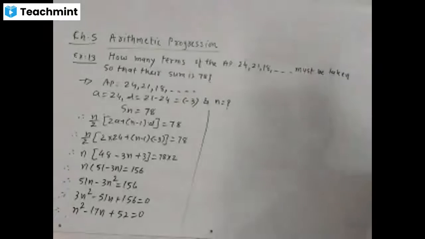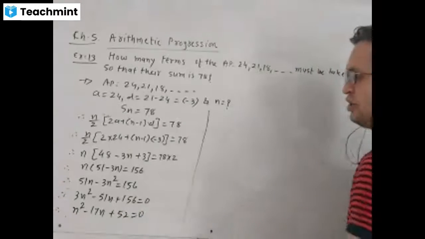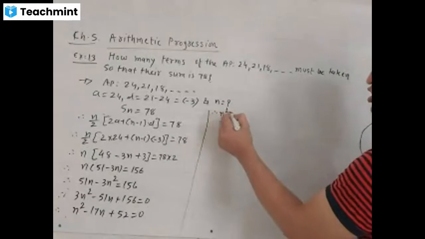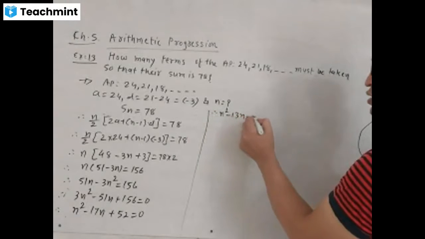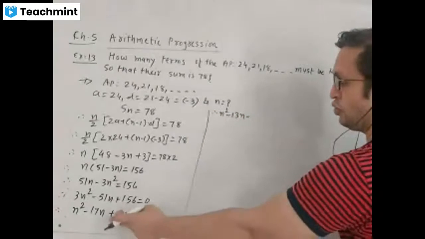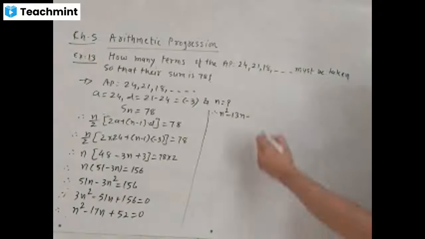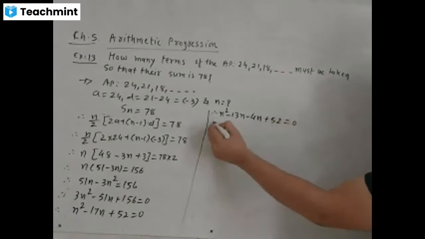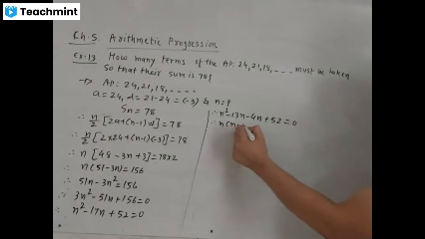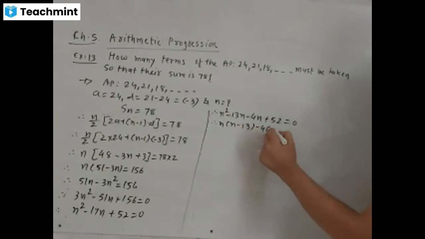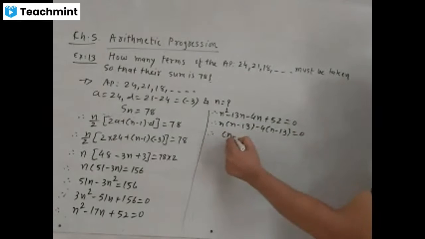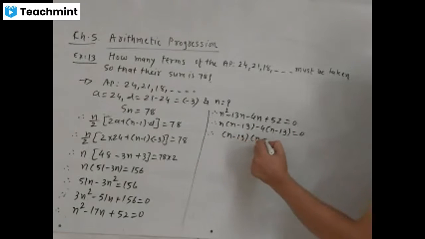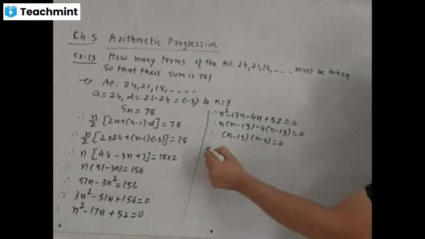Splitting the middle term: factors of 52 whose sum is 17. 13 fours are 52 and 13 plus 4 is 17. n square minus 13n minus 4n plus 52 is equal to 0. n is common, minus 4 common, so n minus 13, n minus 4 is equal to 0.